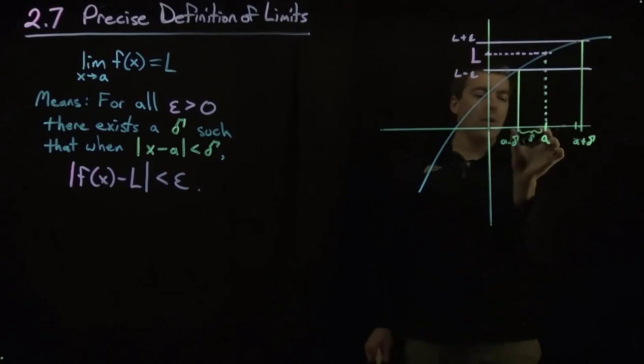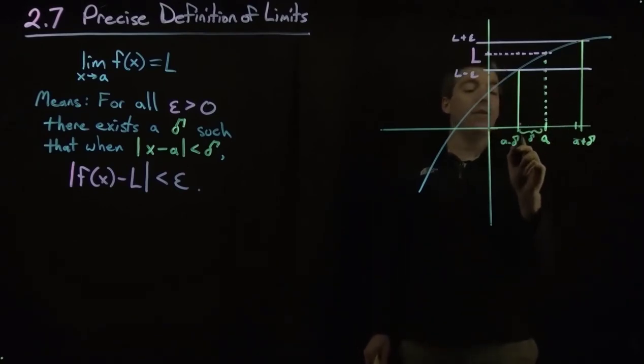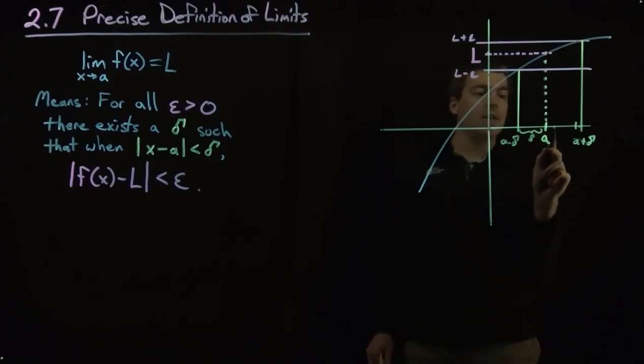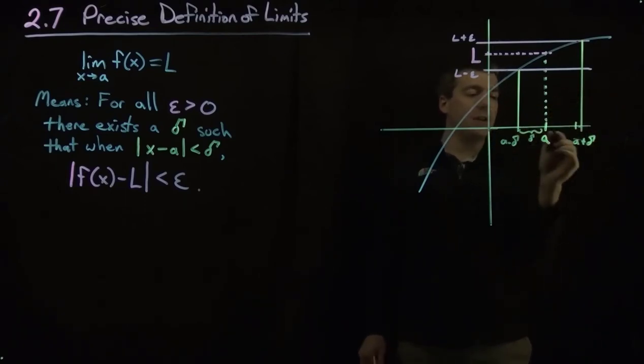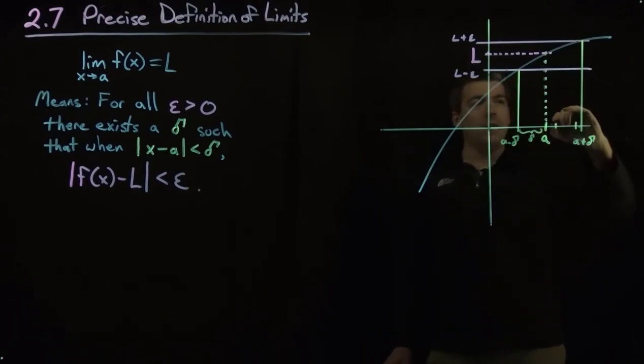All right. So whenever x is within delta units of a, let's just pick a value in here like that. It's close enough, right? It's within this interval of a. And we follow it up to the curve right there.